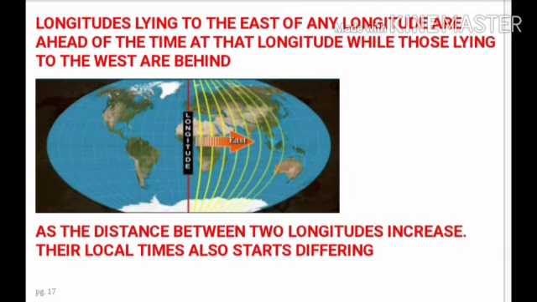For example, if at the first longitude it is 4 o'clock, then at the next longitude it will be some minutes more than 4. As the longitude goes to the left, that is west, it will be less than 4. The time to the east will be more than 4, that is 4:10, 4:15, anything, and to the west it will be 3:50, 3:55, 3:45, something like that.